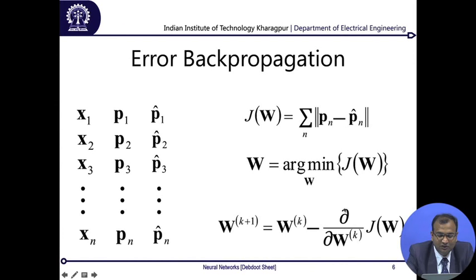Now remember one thing, that J of W is a function of Pn and Pn hat. Pn is a constant, but Pn hat is actually a function of all of these x's, because your predictor was over there. When you have a function of all of these x's and w's, this function is dependent on both x and w, so I can take a derivative of this whole thing with respect to w.